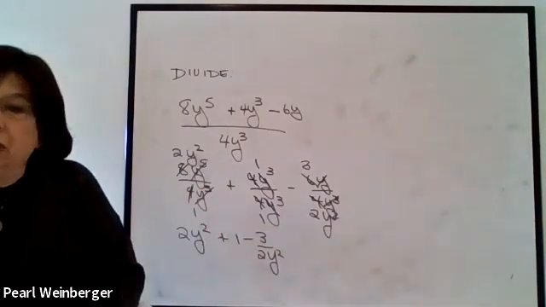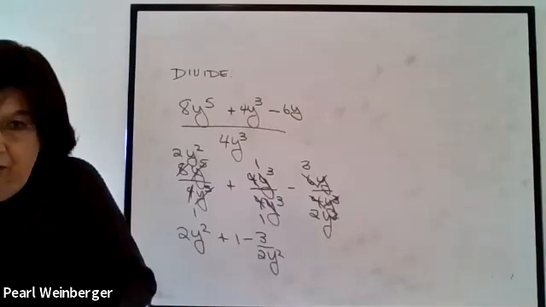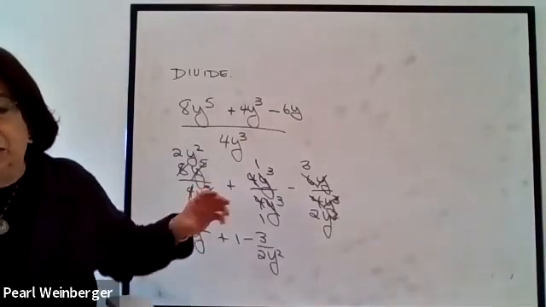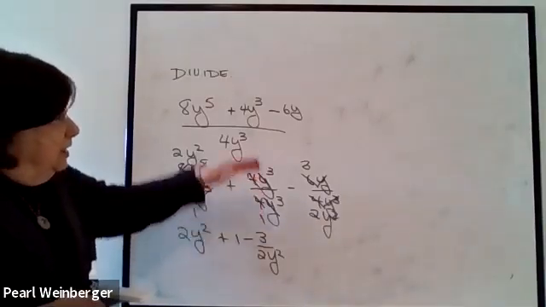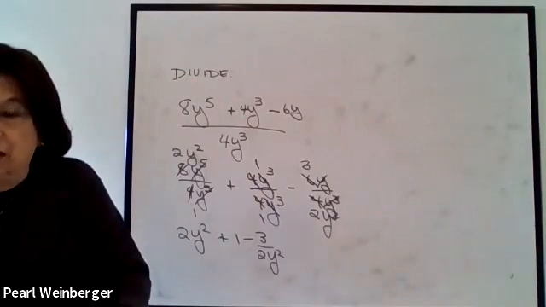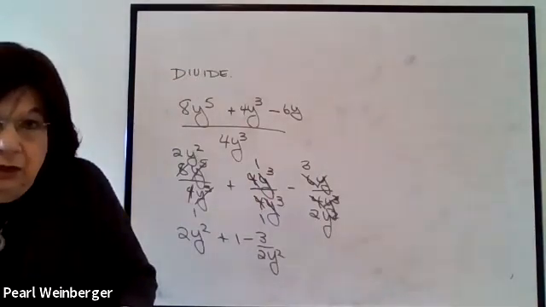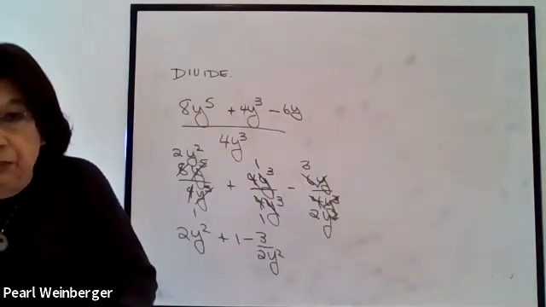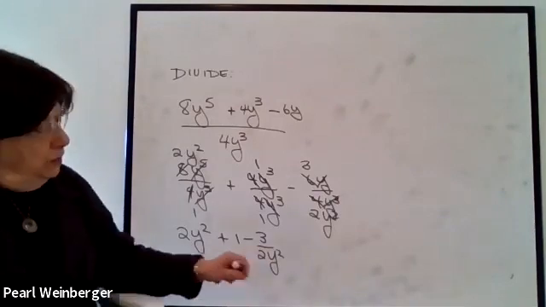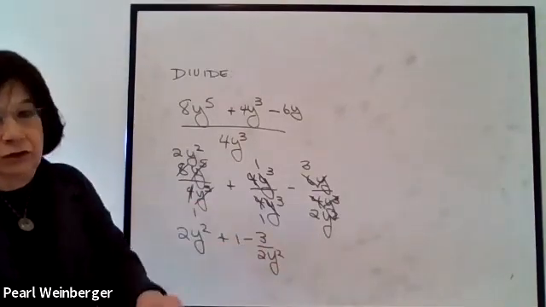It wouldn't be a problem on a midterm or a final if you had this problem, because they would only give you the answers that make sense for the rule. In other words, they wouldn't give you an answer that's correct just for simplifying. So you would have seen that this is what they wanted you to do.